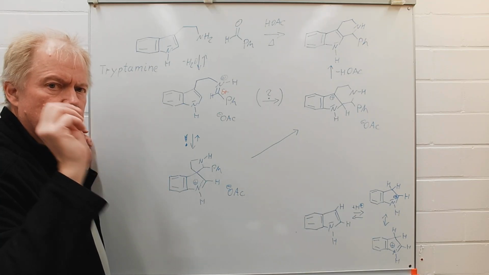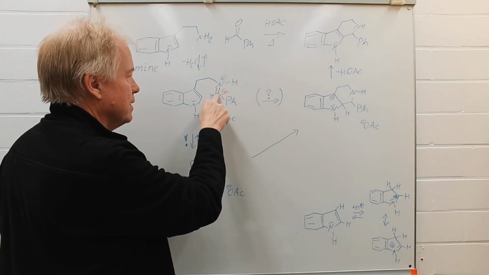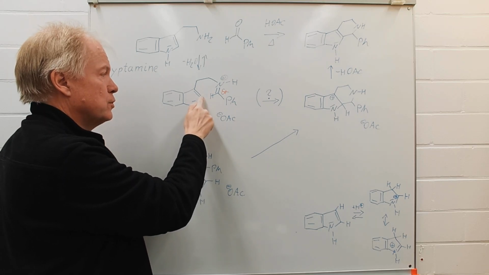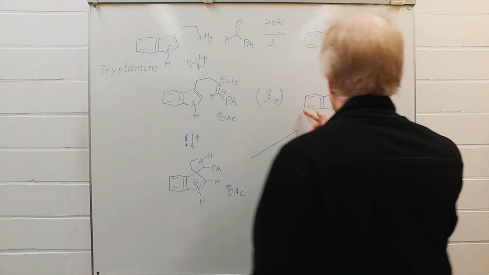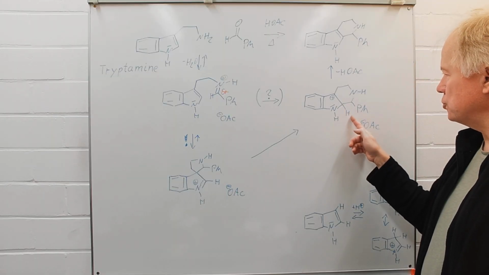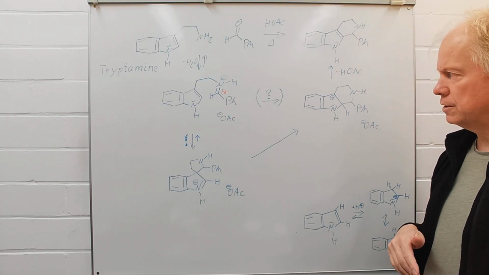So a straightforward mechanism would be this reaction. This attacks here at that central carbon in the 2 position to give this intermediate, and then we just have to deprotonate here and we are at the final product.